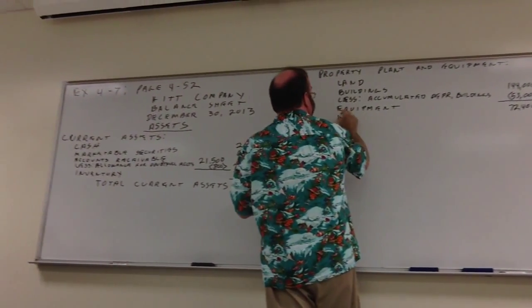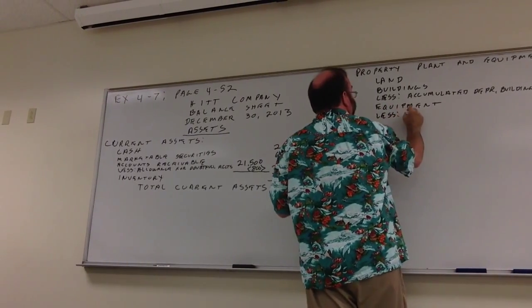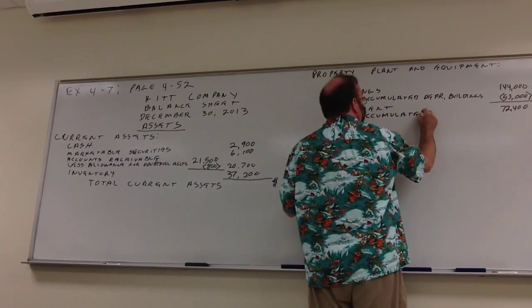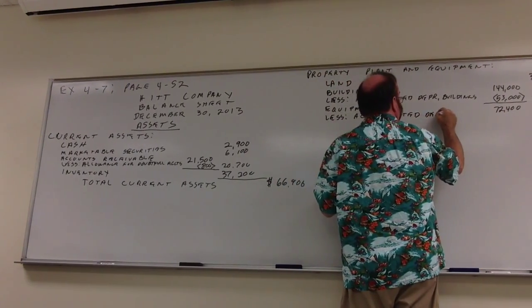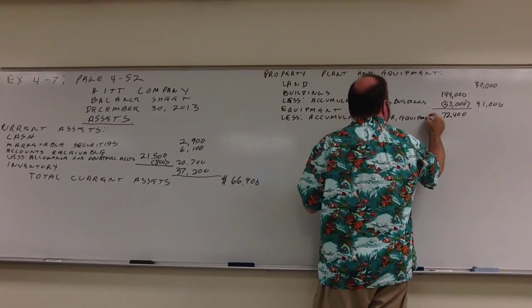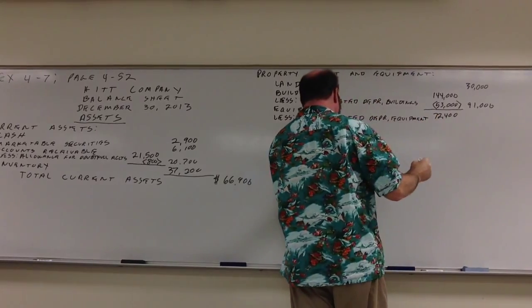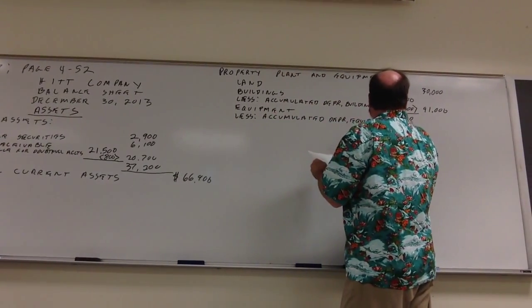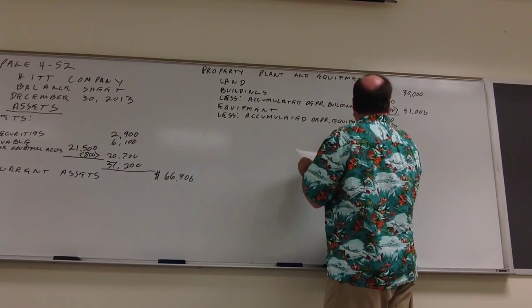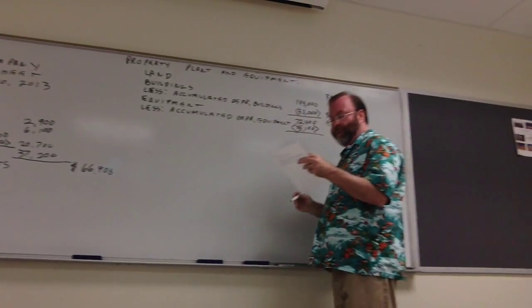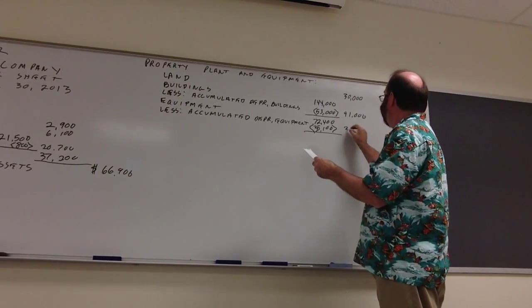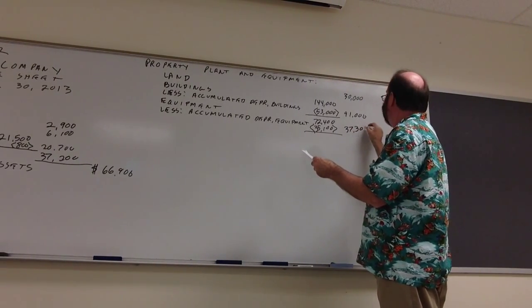That's its contra asset account, $35,100, for a net book value in equipment of $37,300.